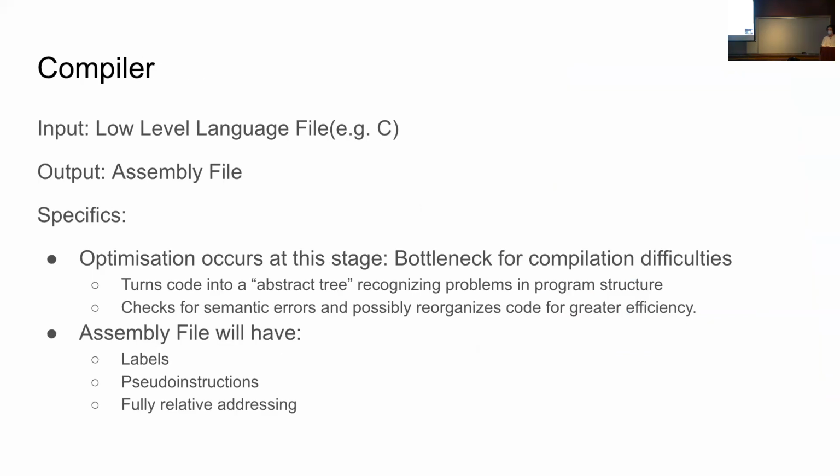So first, the compiler. The inputs are a low-level language, typically, which in our case is C. The output is an assembly file, as I just mentioned. And then just some specifics.